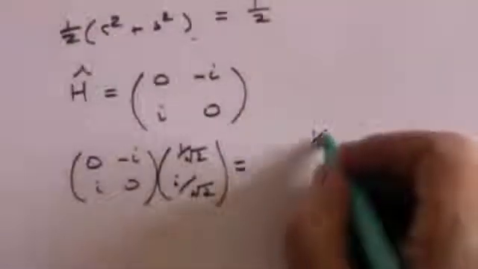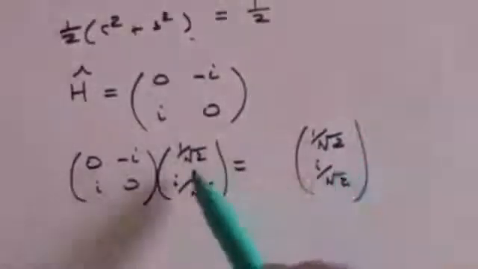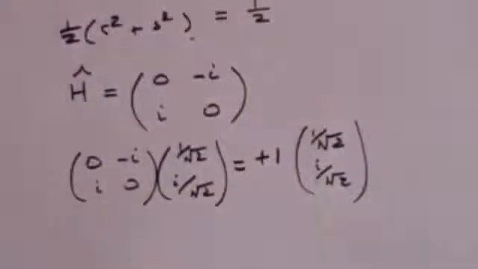Well, let's see, 0 times 1 over root 2 minus i times i over root 2 is of course going to be minus i squared, but that's just 1, so that's going to give you 1 over root 2. And here we're going to have i over root 2 plus nothing, so that's i over root 2. And that is the same as that, which means that the eigenvalue is plus 1.